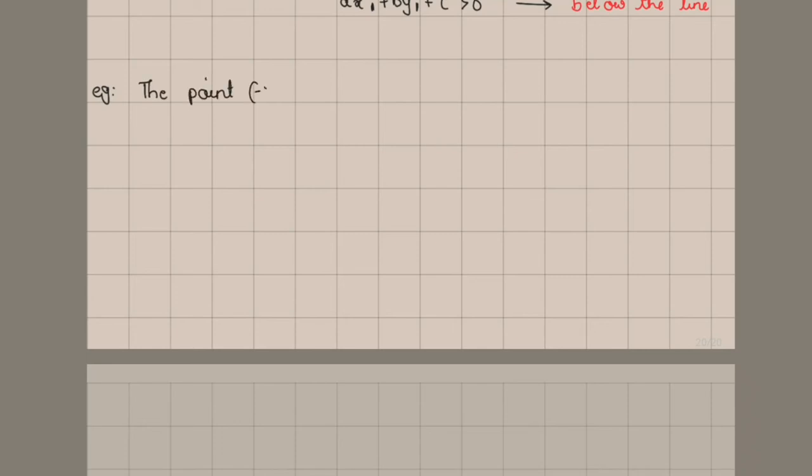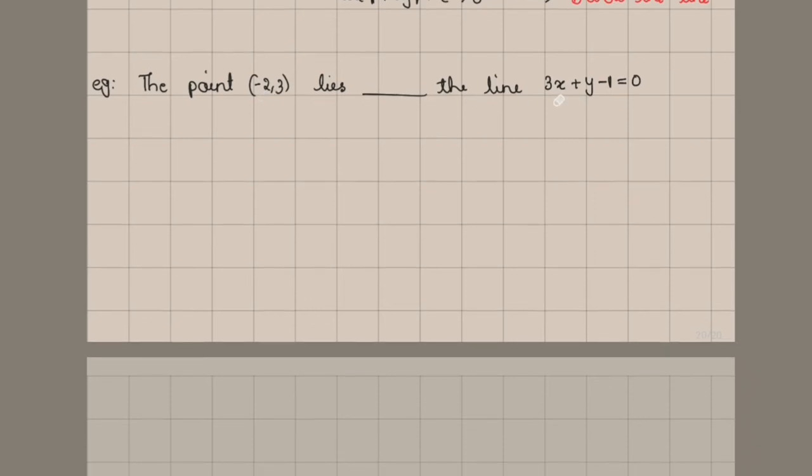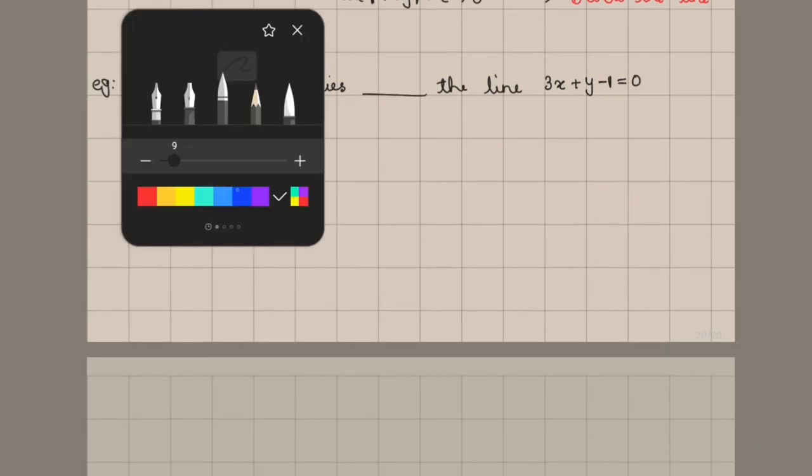The point minus 2 comma 3 lies on the line 3x plus y minus 1 equals 0. Means we need to find whether it is below, on the line, or above. Simply substitute this point into the 3x plus y minus 1 equation.